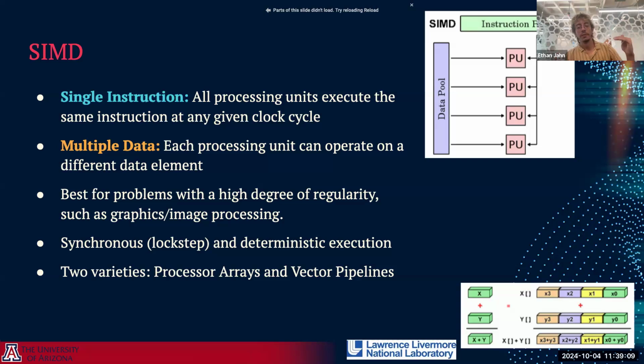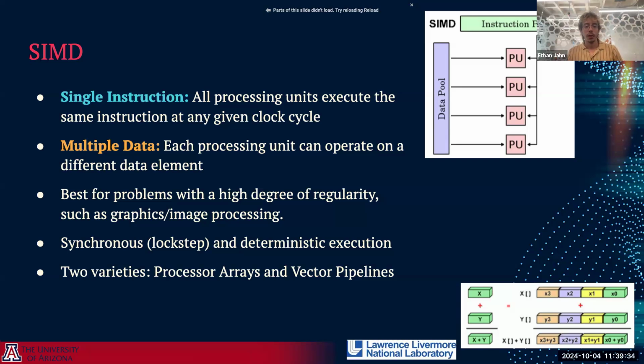So you have different pieces of data that is being fed into each processor, which then executes the same instruction. So, of course, this isn't going to be applicable to every single type of problem, but best for ones that have a high degree of regularity, such as graphics, image processing. Oftentimes, training machine learning algorithms can fall into this category as well.